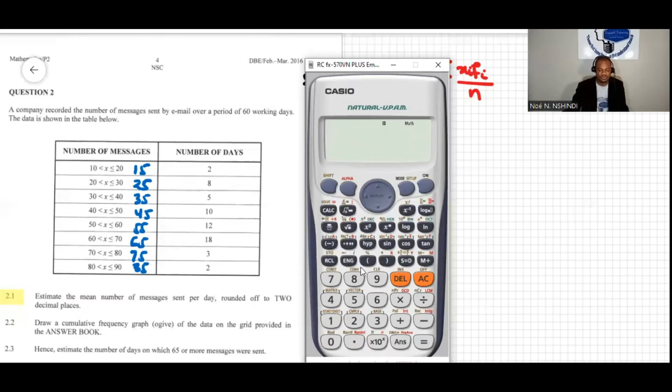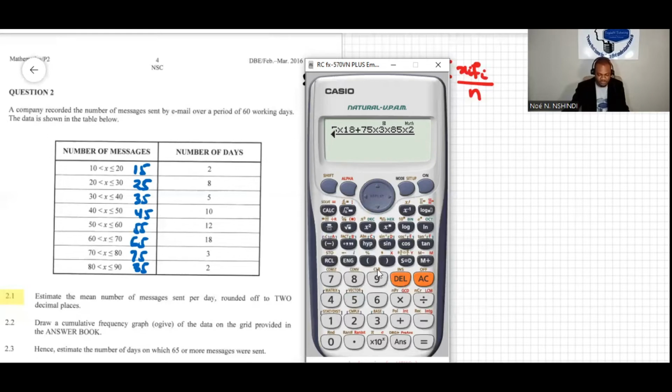So I'll go with saying 15 times 2, okay? Because 15 over here is the mid class times 2, and then plus the second mid class 25 times 8, plus 35 times 5, plus 45 times 10, plus 55 times 12, plus 65 times 18, plus 75 times 3, plus 85 times 2.